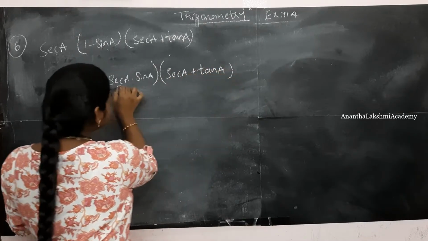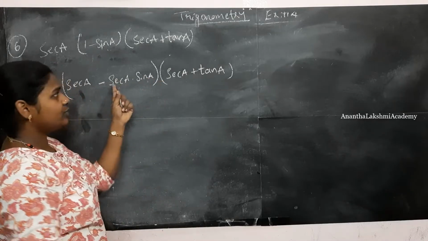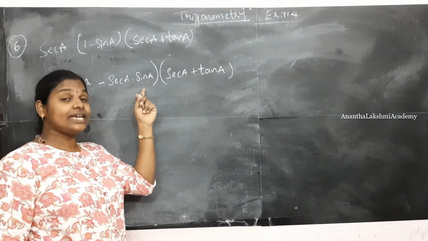So what is secant A and sine A? Secant is 1 by cos, but sine is sine.